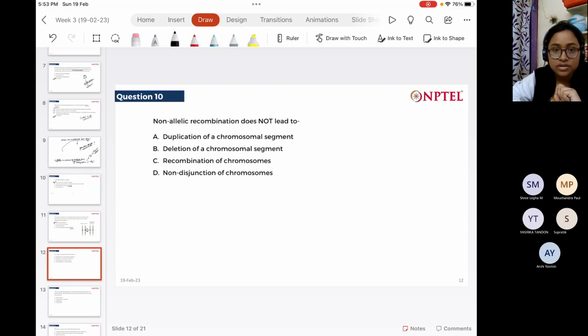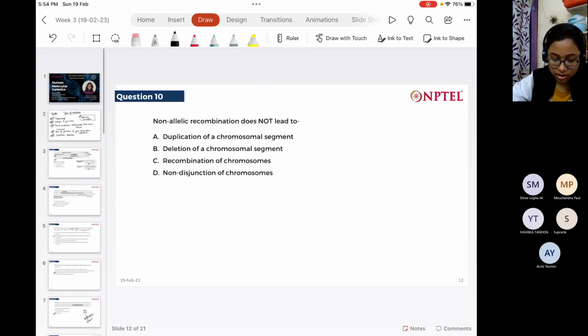If there is misalignment of the homologous chromosomes, then a particular segment of DNA, a gene say, can get duplicated during non-allelic recombination, and in another chromosome it can get deleted. So if the alignment is not proper between the chromosomes, then both events can happen. Are you getting what I'm trying to say?